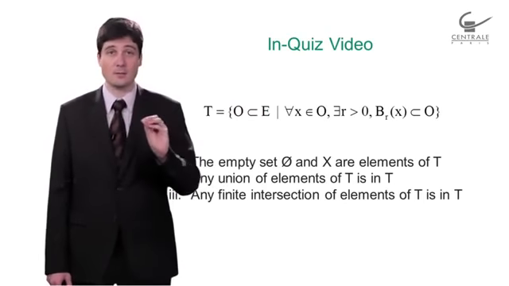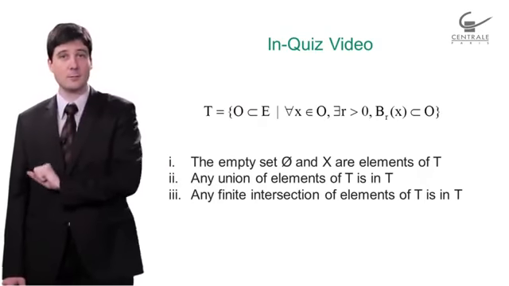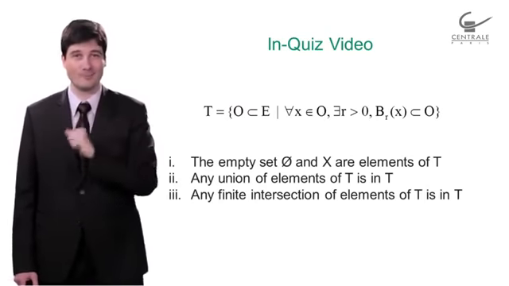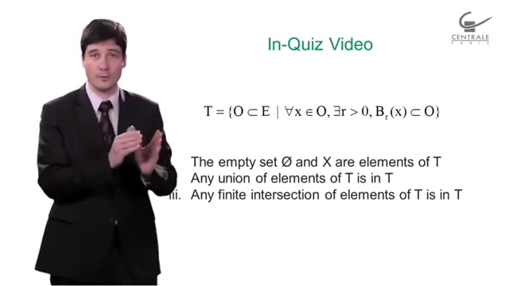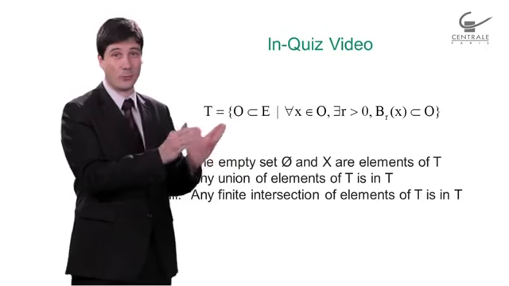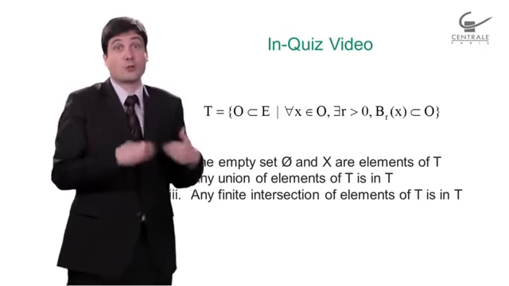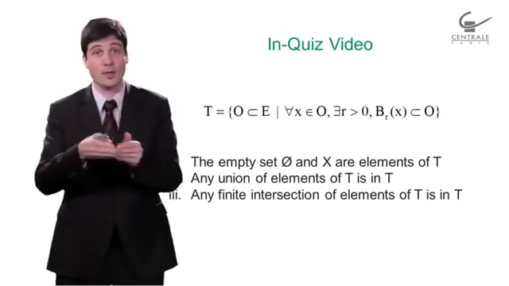Because it's a finite number, you can choose the smallest one of these numbers. Let's call it r. Now, the ball centered in x with radius r is going to be included in the ball centered in x with radius r1. It's also going to be included in the ball centered in x with radius r2, and so on.